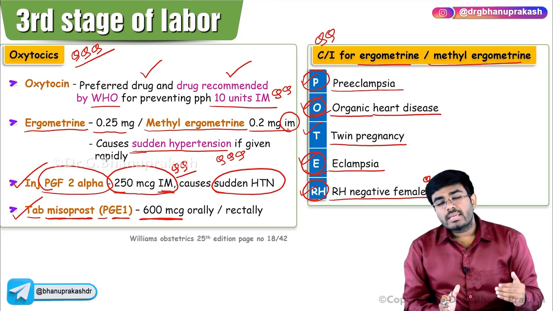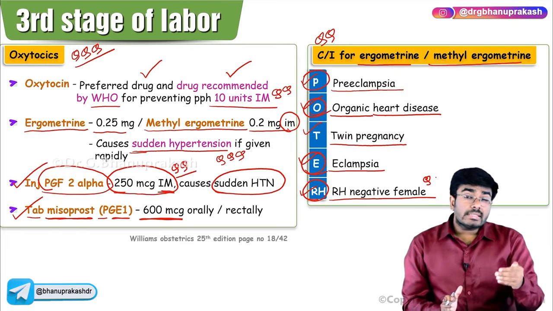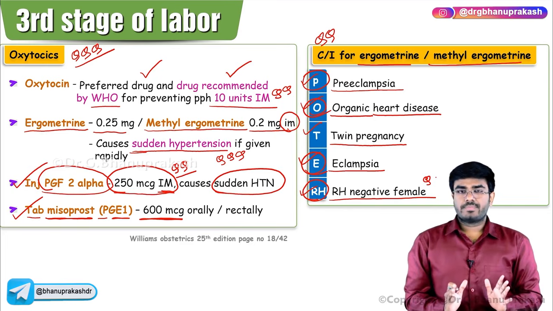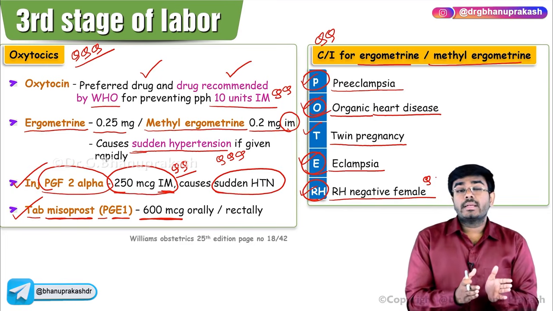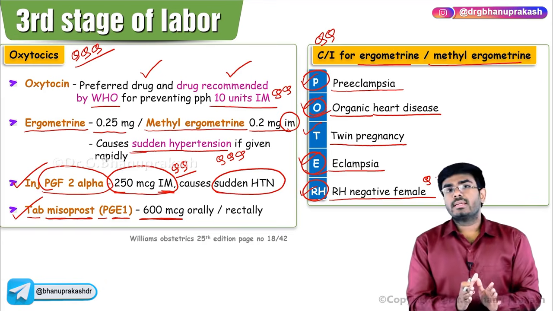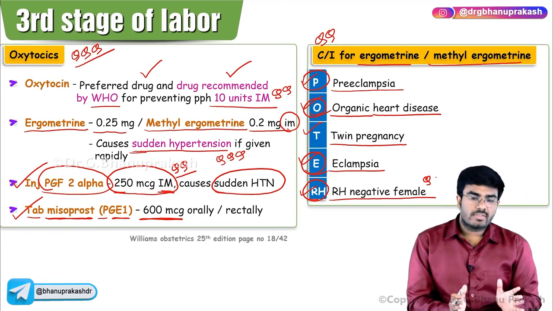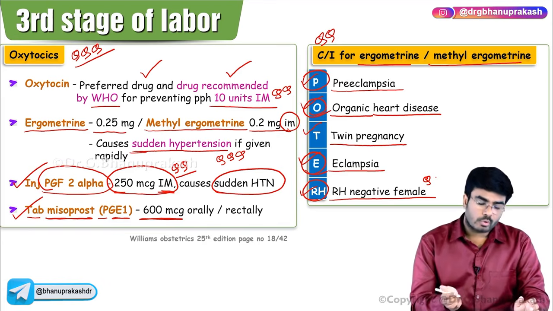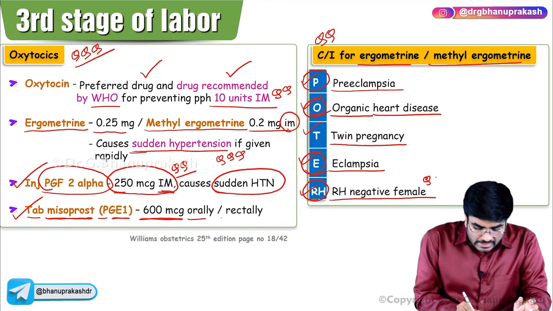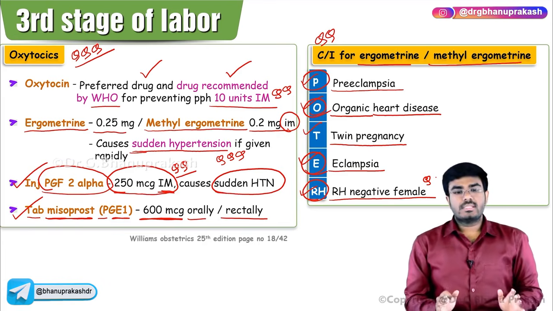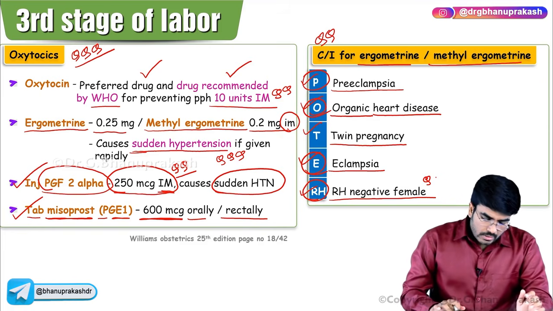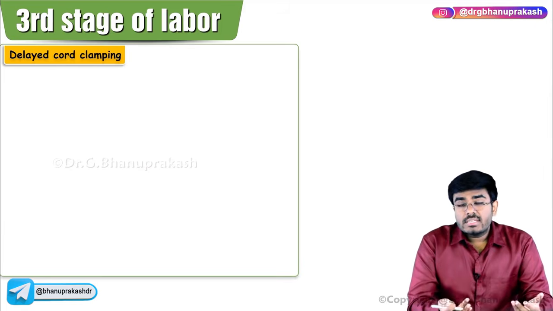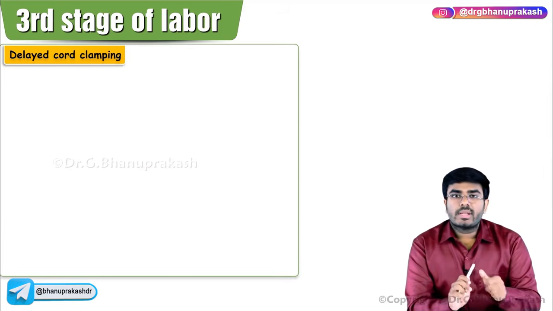But the same drug can also be used in treatment of postpartum hemorrhage. There we can increase the dose up to 800 to 1000 micrograms. But in active management of third stage of labor, usually 600 micrograms orally or even rectally we can use this misoprostol, which is PGE1. Now after oxytocin, the first component is completed.